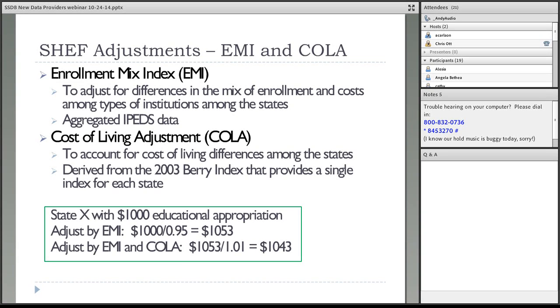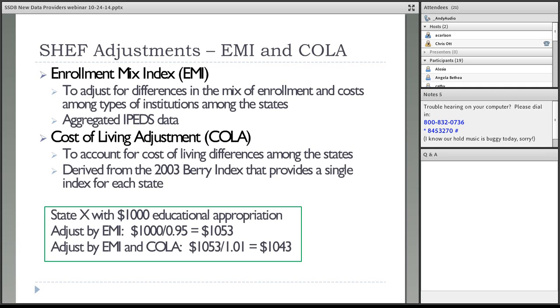So the enrollment mix index adjusts the per student data that we get from you for differences in that mix and the differences in costs across those institutions among the states. And it's an index, so 1.0 is the national average, and states either fall below that if they have a larger proportion of community college, or they're higher if they have a larger proportion at research institutions. And we pull that data every 2 years from IPEDS.